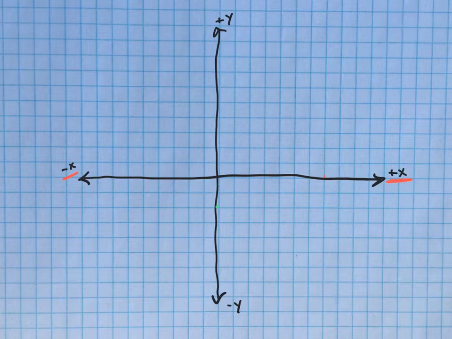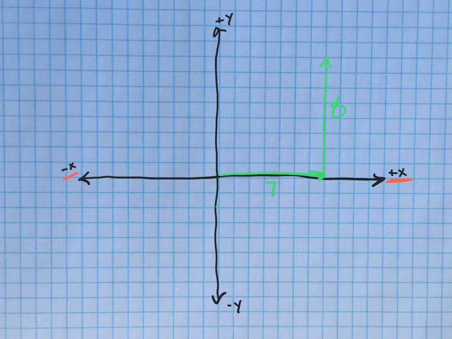So now, let's say that we have a person moving, walking, skating, whatever, and they go 1, 2, 3, 4, 5, 6, 7 units in that direction, but then they go 8 units up.